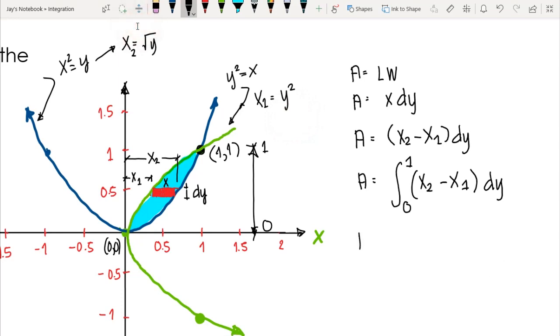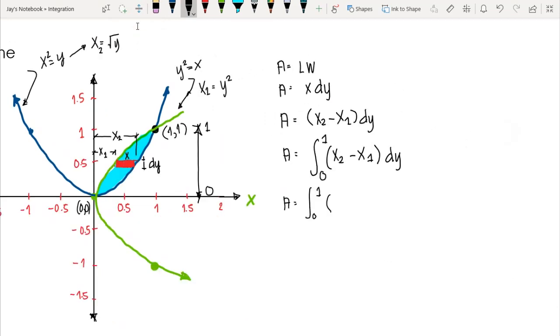We have the area equal to the integral from 0 to 1 of x sub 2, which is the square root of y, minus x sub 1, which is y squared, dy. Then we integrate them separately. We have the integral from 0 to 1 of y raised to 1/2 dy minus the integral from 0 to 1 of y squared dy.